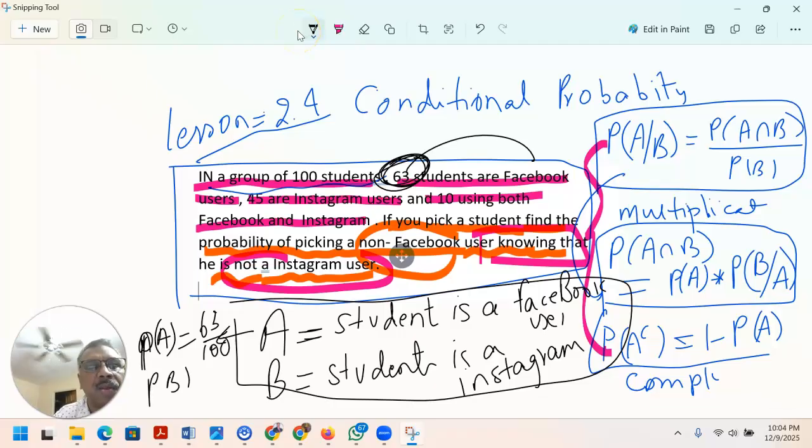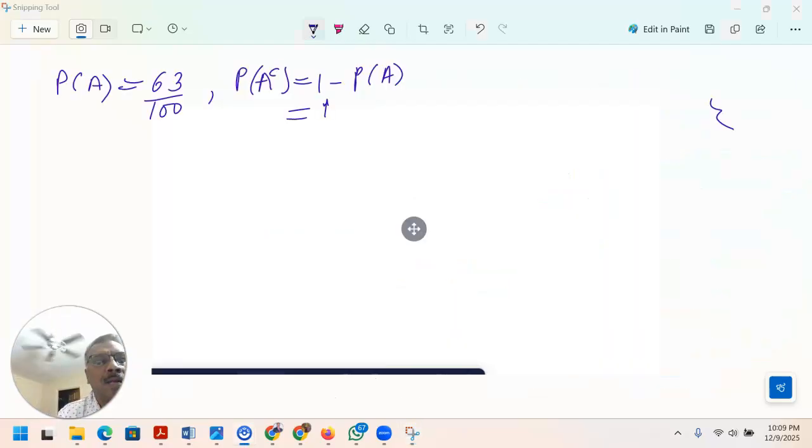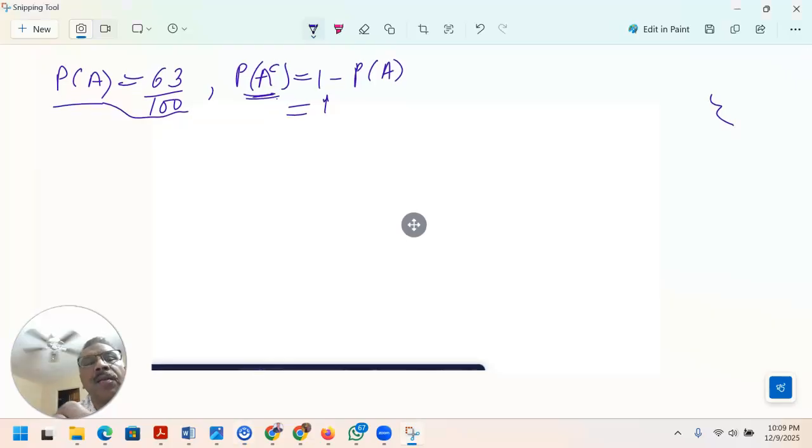Next, the probability of not being a Facebook user is 1 minus the probability that he's a Facebook user. So this becomes 1 minus 63 over 100.